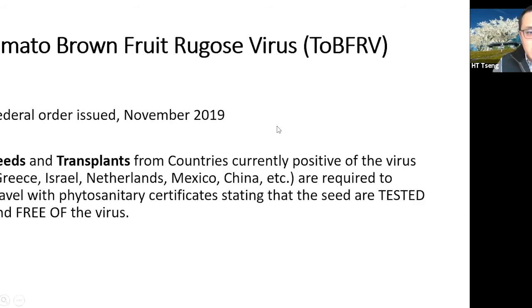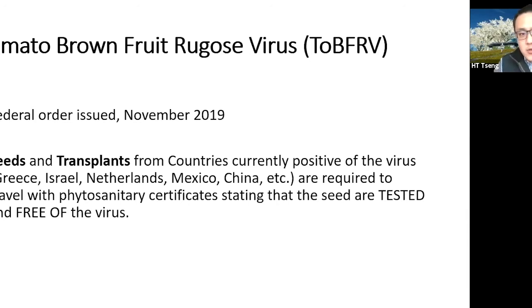So USDA actually issued a federal order in November 2019 stating that seeds and transplants from countries currently positive for the virus, that include Greece, Israel, Netherlands, Mexico, and China. So again, Mexico, China, and multiple European countries.